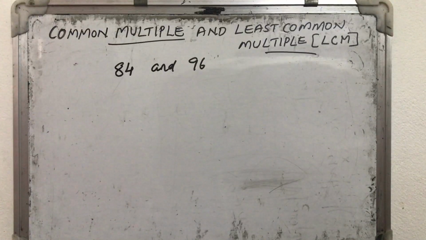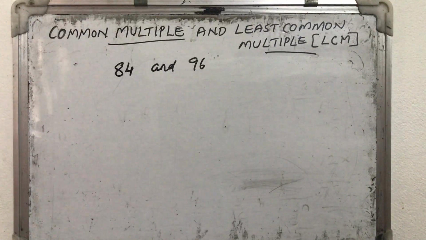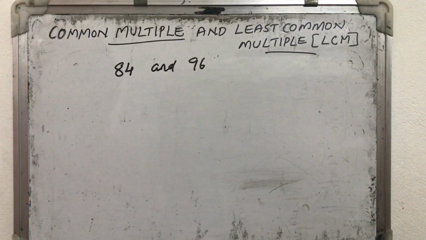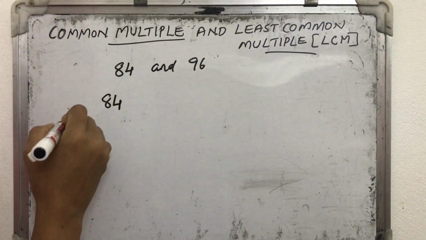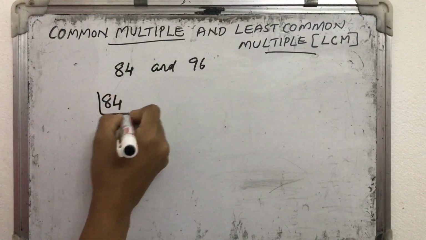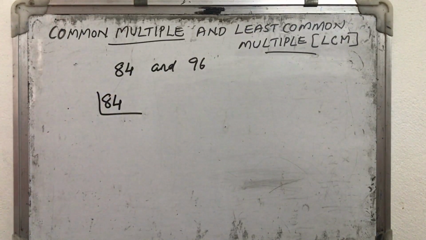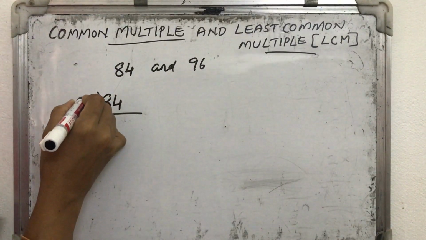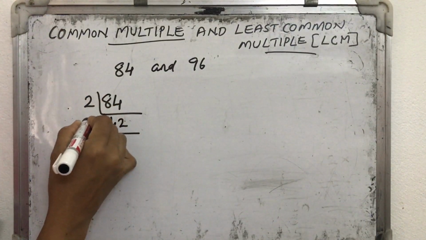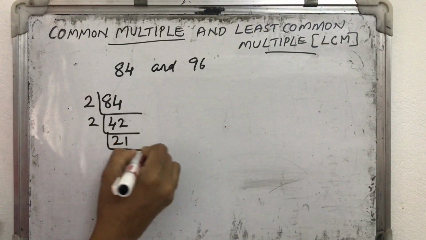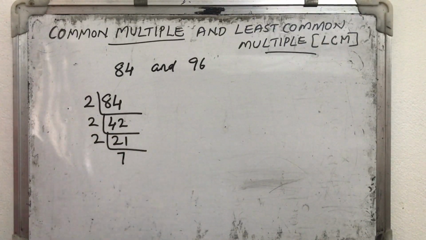Prime factorization of a number we already know. First we factorize the given numbers, 84 and 96, and when we do that you will understand the steps. We can divide 84 by 2, we get 42, 42 divided by 2 is 21, 21 divided by 7 is 3.